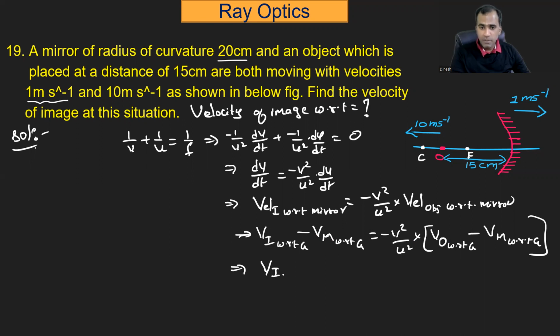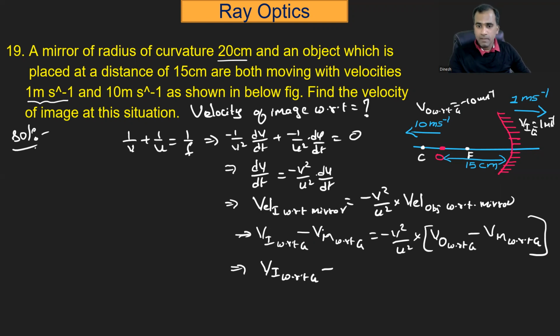Velocity of image with respect to ground is what we have to calculate, minus velocity of mirror with respect to ground. Right side movement, we take it as positive, so 1 meter per second. Velocity of object with respect to ground, we take it as minus 10 meter per second, because it is moving to the left side.